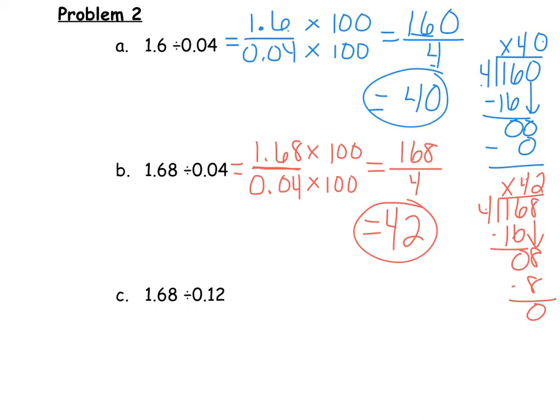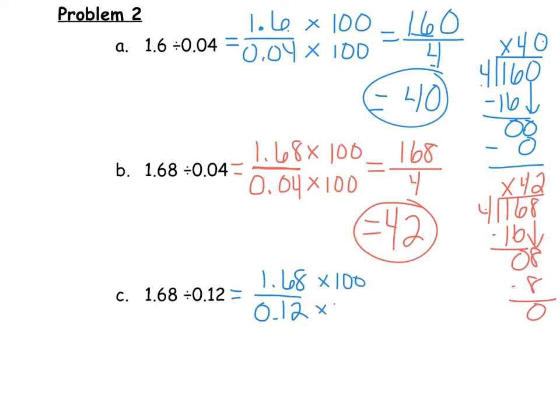Part C. I have 1 68 hundredths divided by 12 hundredths. So let's make this a fraction. So 1 68 hundredths, my dividend, becomes my numerator, divided by 12 hundredths, which is my divisor, which becomes my denominator. So the 8's in the hundredths, the 2 is in the hundredths, so guess what?